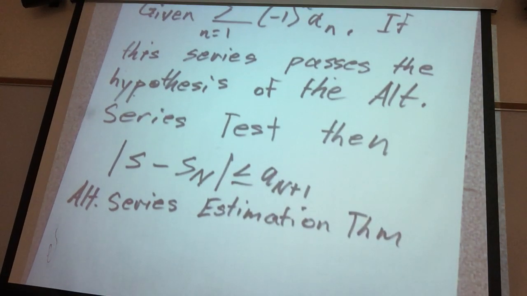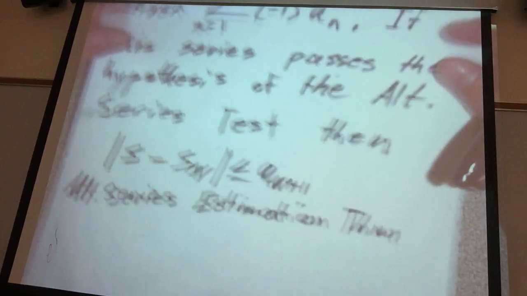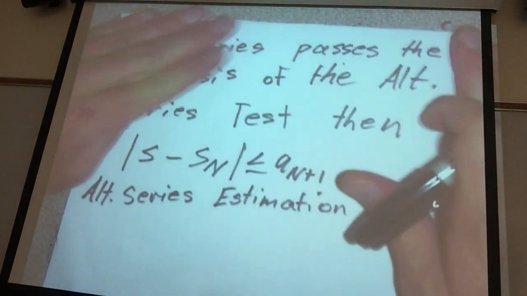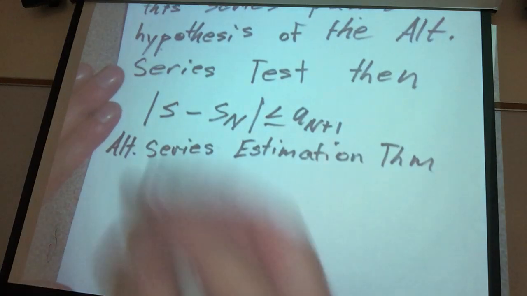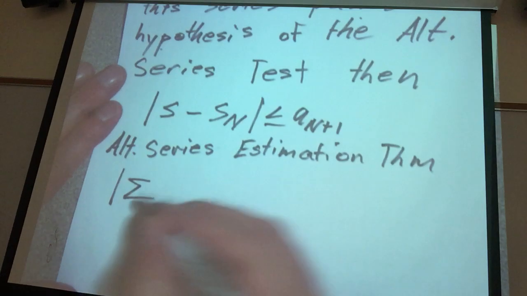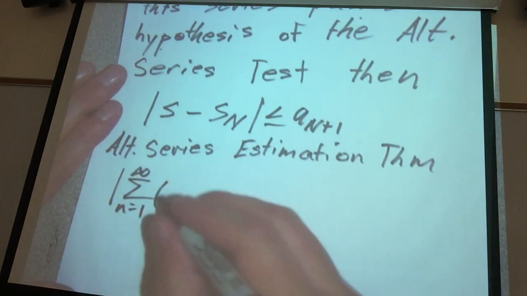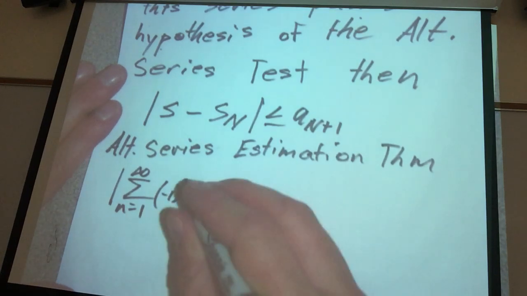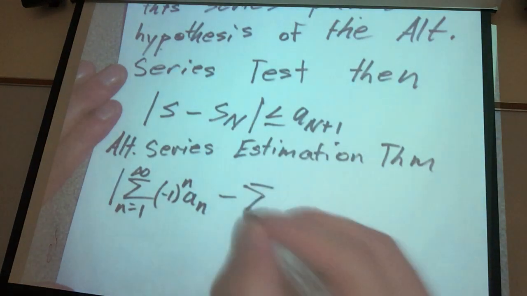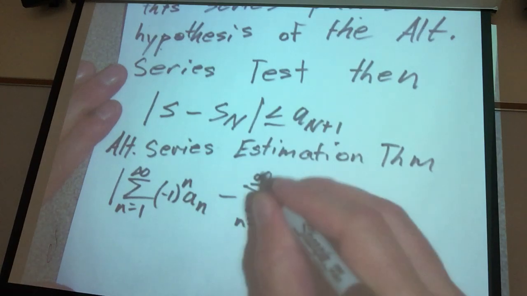Okay. And another way to look at this, I'm looking at the infinite sum minus the sum that gets cut off. So the sum from n equals 1 to infinity of negative 1 to the n, a sub n, minus the sum n equals 1 to capital N, sorry.